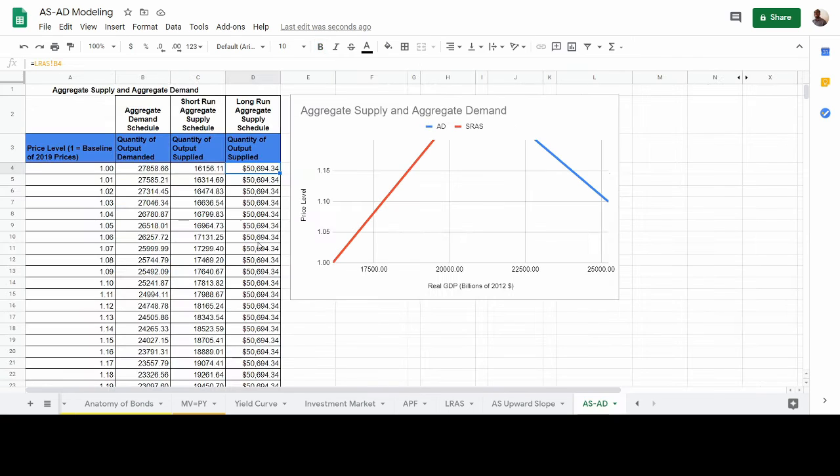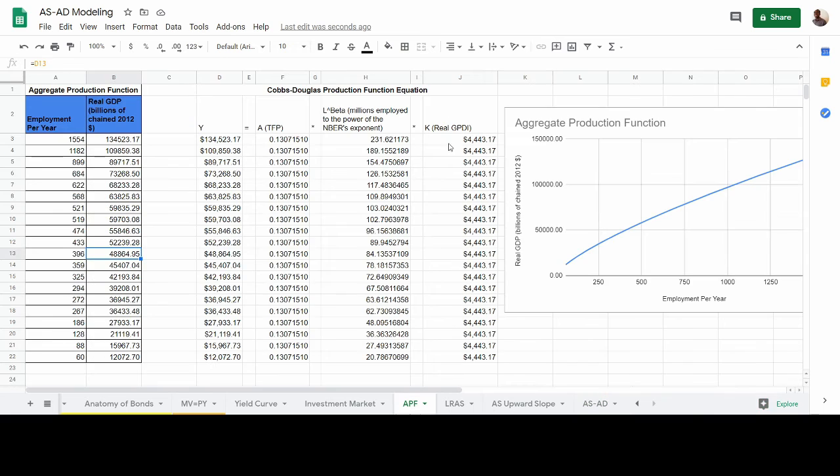And what we would see then is that the long run aggregate supply curve has also increased. Why has it increased along with the aggregate demand curve? They've both shifted to the right because our change in investment has also changed the level of capital in the economy. And now instead of having the 3.4 trillion for capital, we have 4.4 trillion.